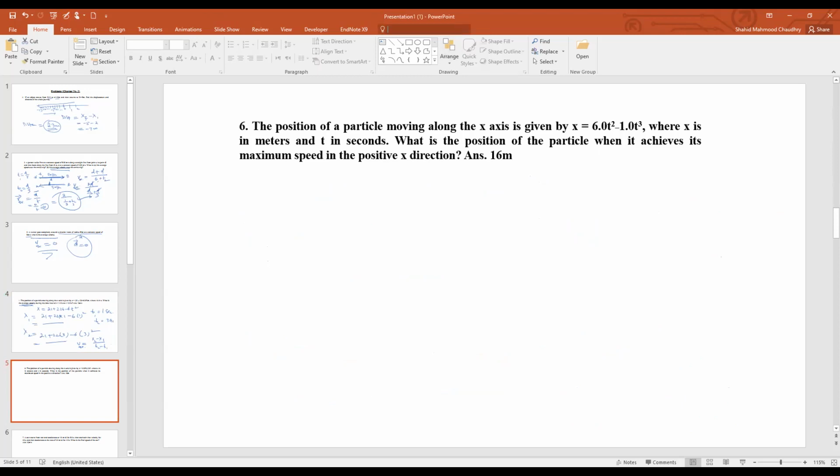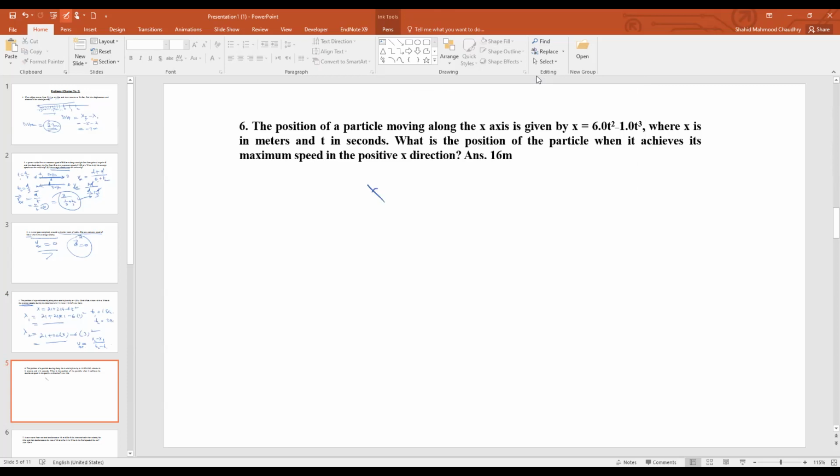Okay, after this. The position of the particle is given, where x is in meters and t in seconds. What is the position of the particle when it reaches its maximum speed in the positive x direction? Remember the maximum speed. How can you find the maximum speed?